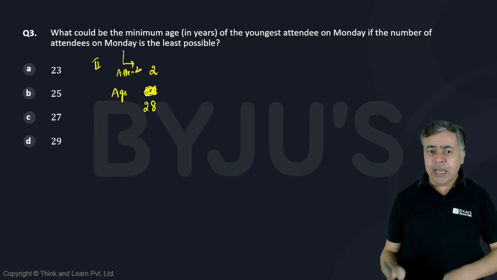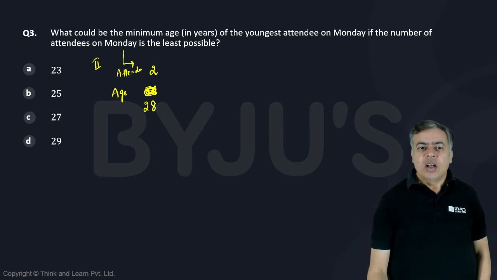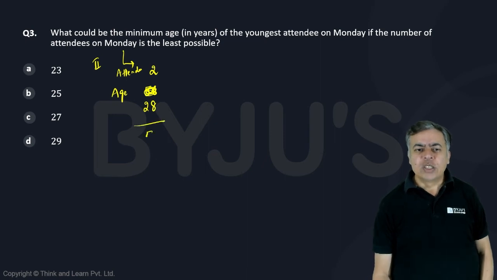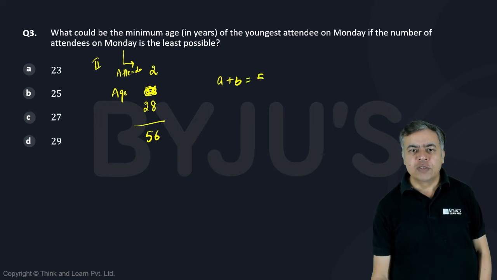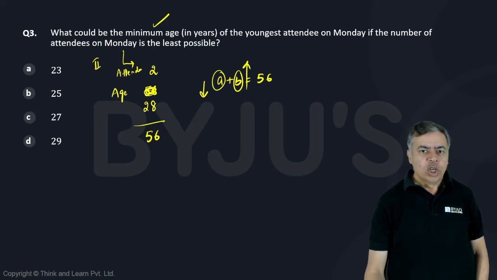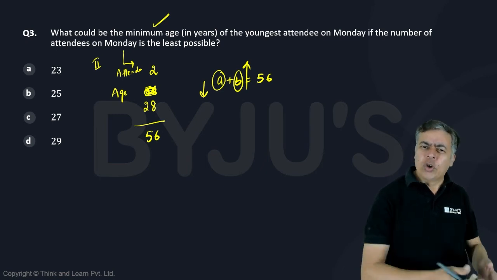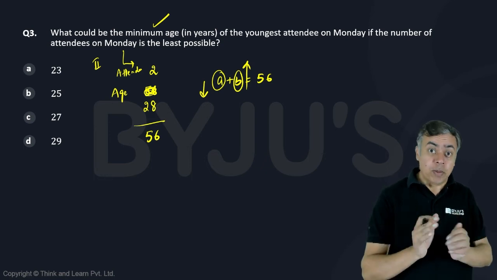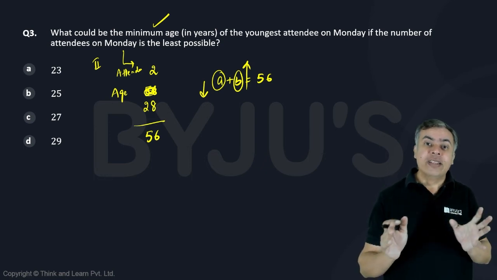When I say minimum age, you could have thought that the total is 56, so A plus B, there are 2 persons whose total age is 56. So you will minimize A to maximize the other. He is talking about minimum age. So one you maximize, one you minimize, which you can think could be 0 also, could be 1 also. But the problem is that they are all in their 20s.